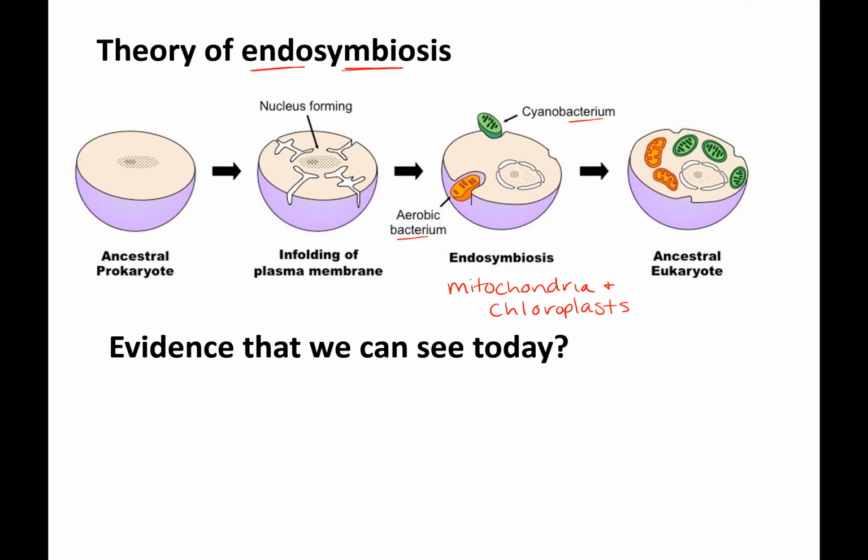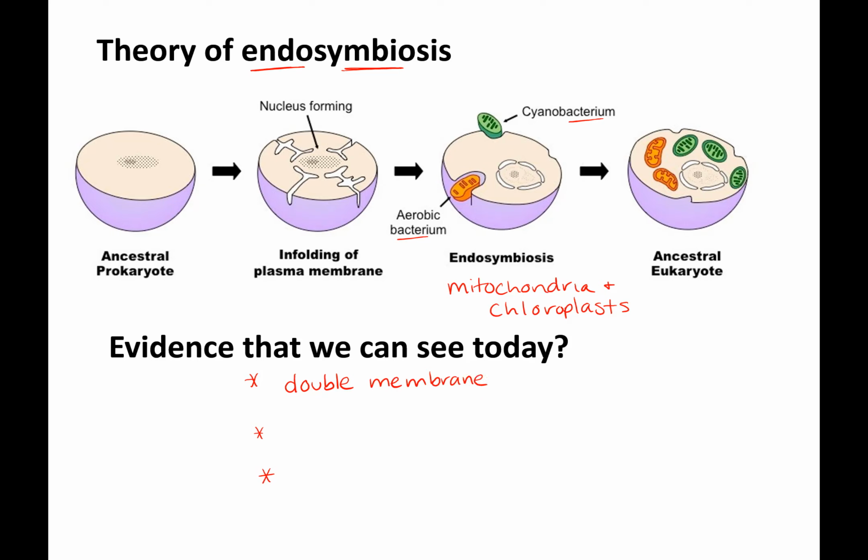And I want you to think about what is the evidence that we can see today. I want you to think about 3 things. So go ahead and pause the video. And hopefully you came up with some of the evidence is that both the mitochondria and the chloroplasts have a double membrane. Right?